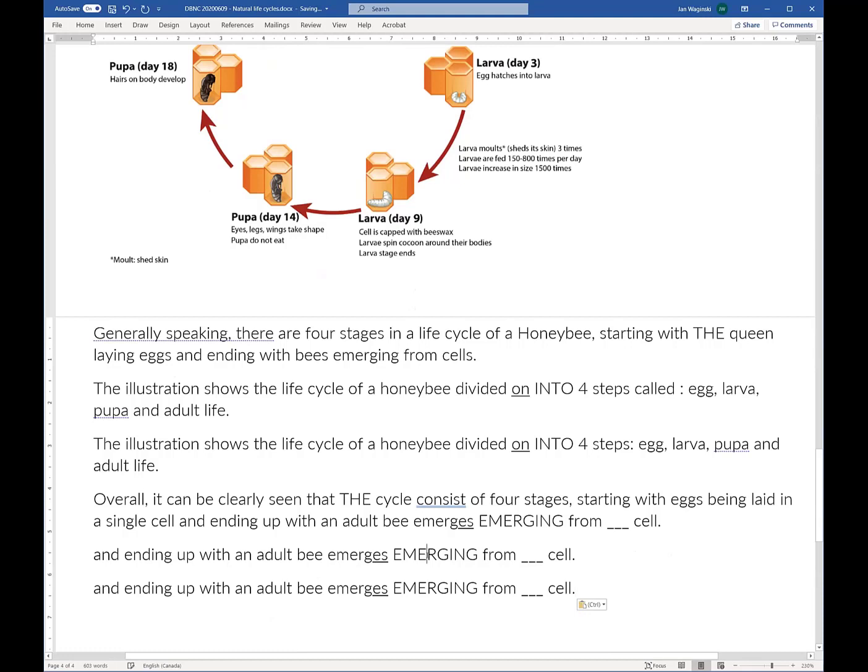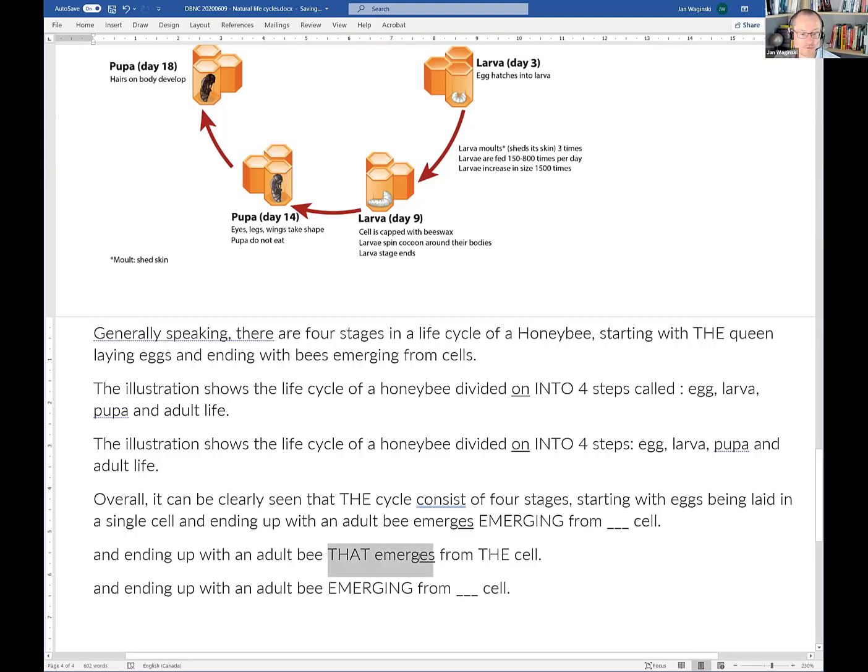What is this short for? This is, and ending up with an adult bee that emerges from the cell. That emerges becomes emerging. Remember, this is a relative clause.